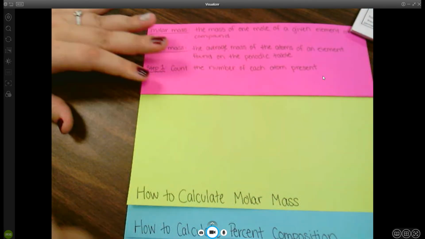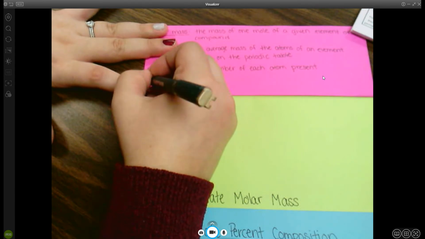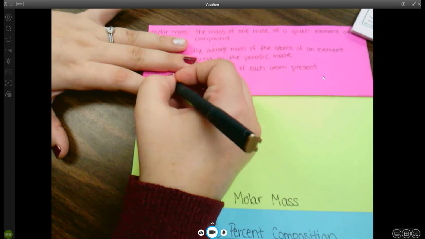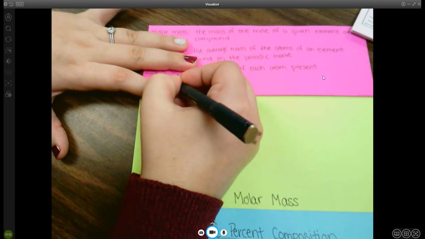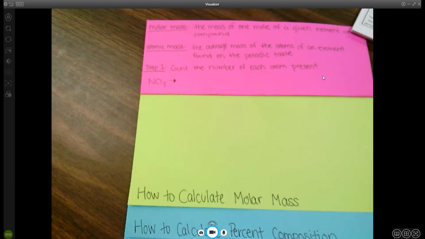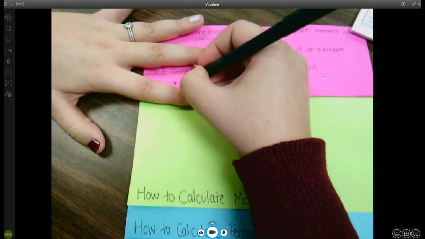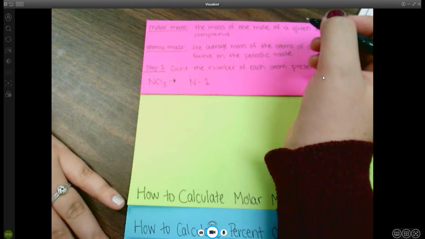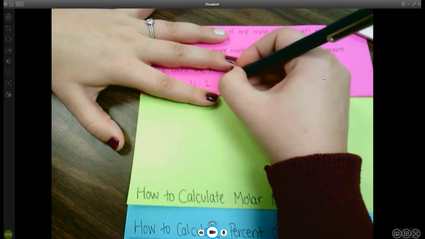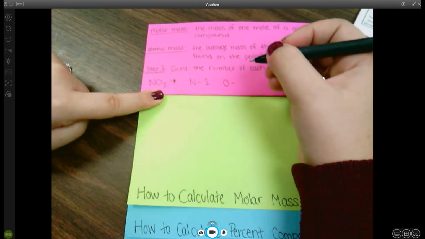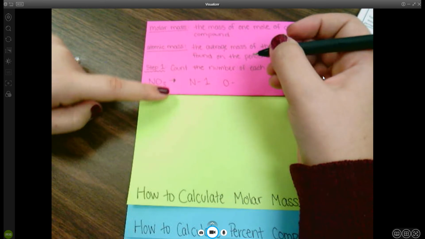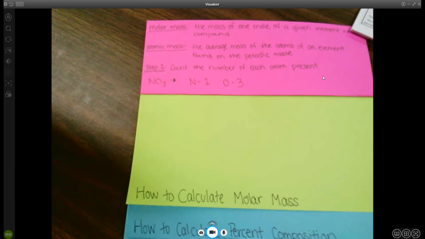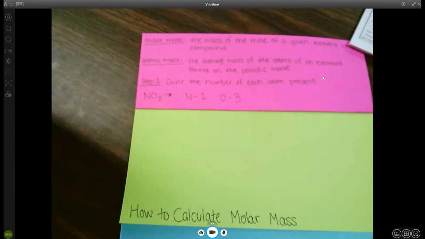And my example is nitrate. So we have NO3. So we're going to count how many nitrogen atoms we have, and since there's no subscript there, we know that we have 1 nitrogen atom. We're going to do the same thing for the oxygen atoms, and since there is a subscript here, we know we have 3 oxygen atoms. Okay?